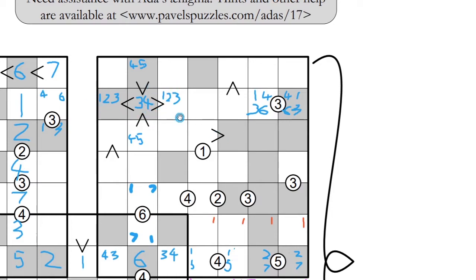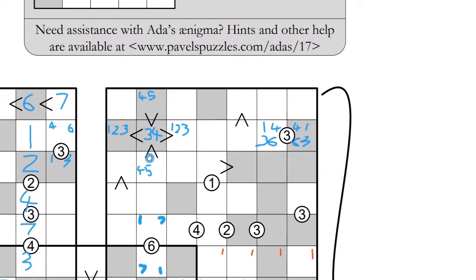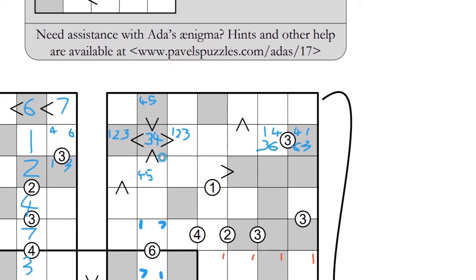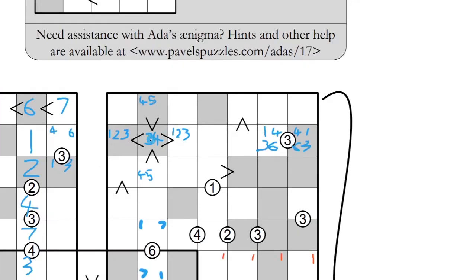Is there a guaranteed 3 in this area? 4, 2, 1. No, that would be fine. 4, 2, 1 would be totally fine. Oh, but then this... That's interesting, actually. So if this were 4... If this were 4, there's a bunch of options.